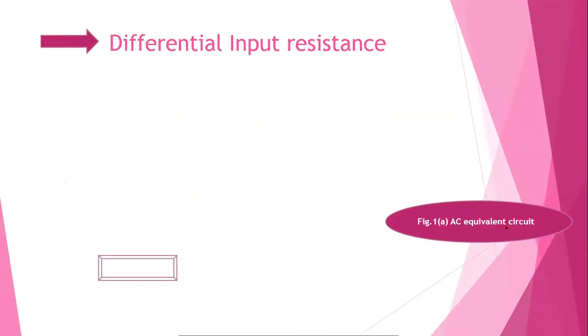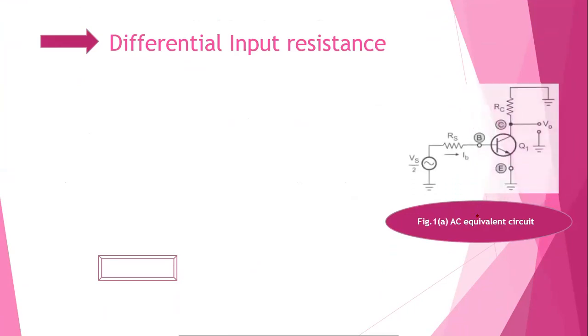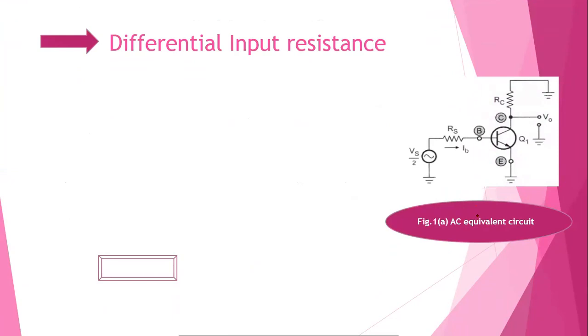First we will see what is meant by differential input resistance. It is the input resistance when the differential amplifier is operated in the differential mode of operation. First we consider the AC equivalent circuit of the differential amplifier, which is the half circuit model. Here we take any one of the transistors, either Q1 or Q2.